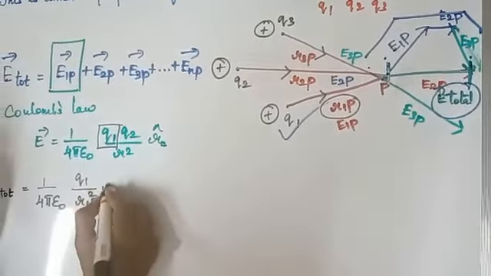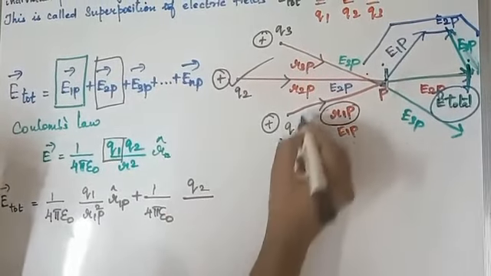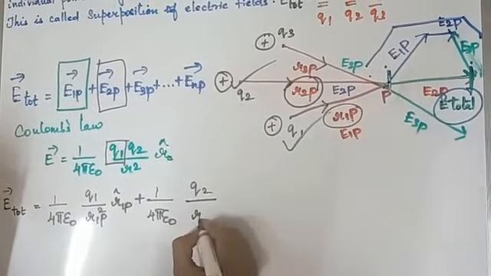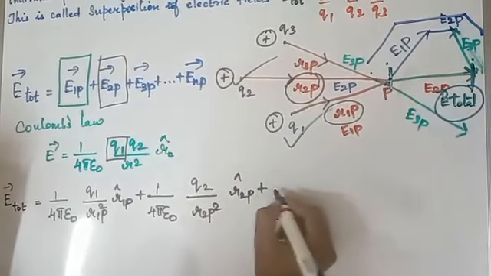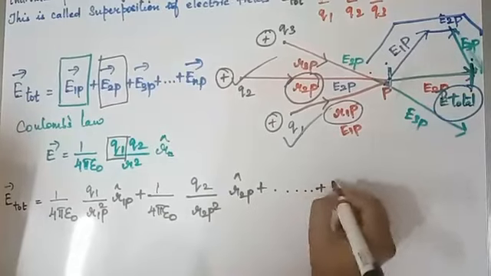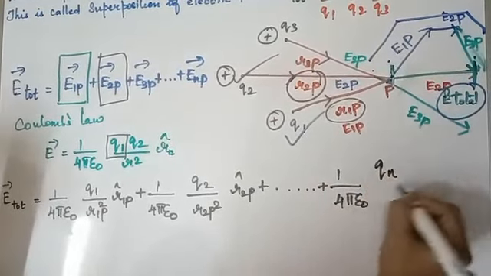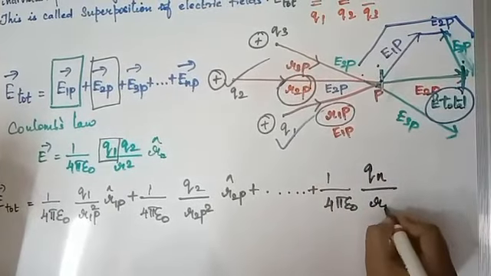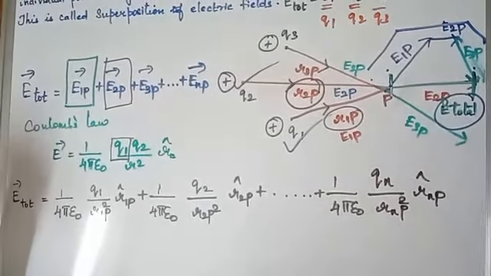plus I substitute the E2P value, 1 by 4 pi epsilon naught Q2 upon R2P square, R2P unit vector, and so on till 1 by 4 pi epsilon naught Qn upon the nth distance squared, nth unit vector.